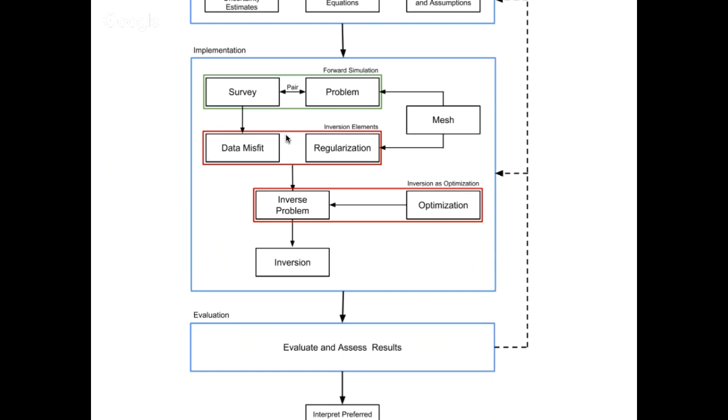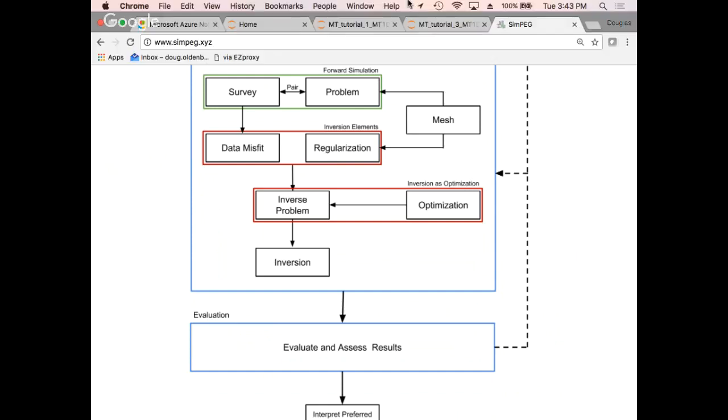We combine those things in the statement of an inverse problem, which is an optimization. We want to minimize our objective function, subject to potentially some constraints. We plug in an optimization routine that's appropriate for that, and then we can go ahead and solve the inversion. That's the very high-level overview, and we'll walk through that in this notebook here.